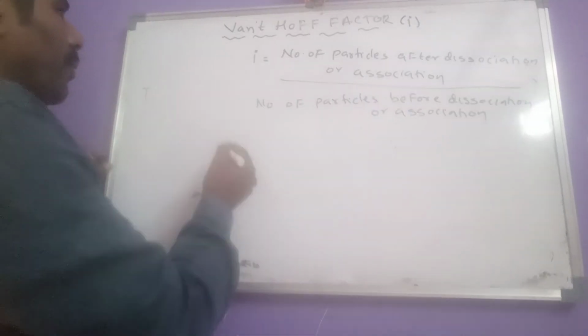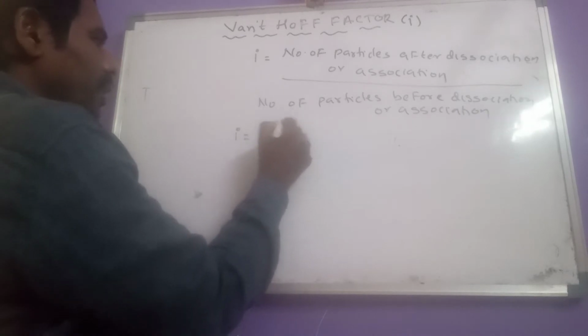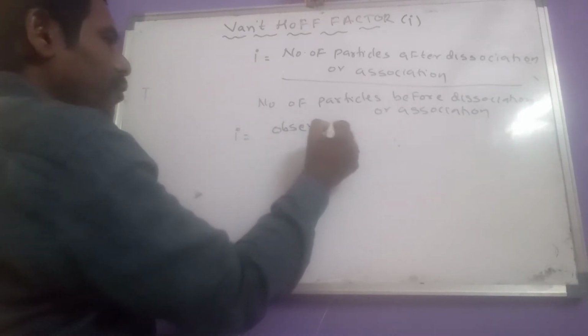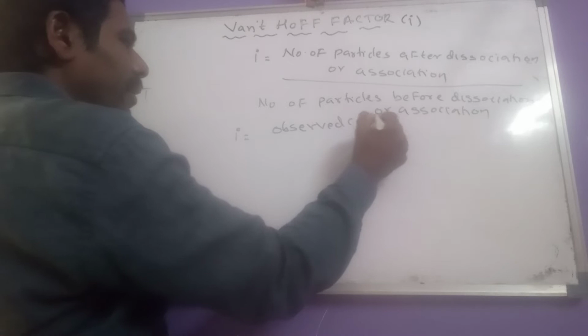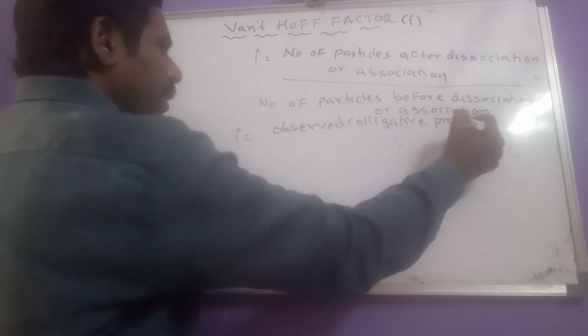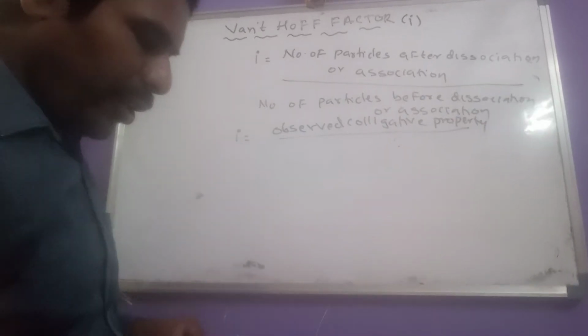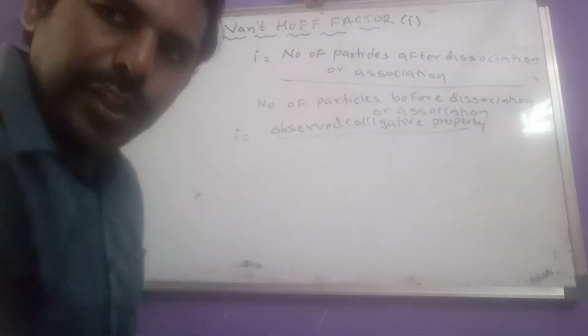And another formula is also there. i equals observed colligative property divided by calculated colligative property.